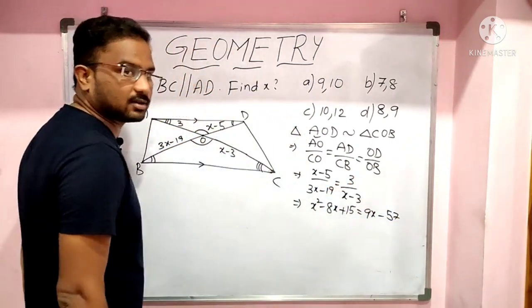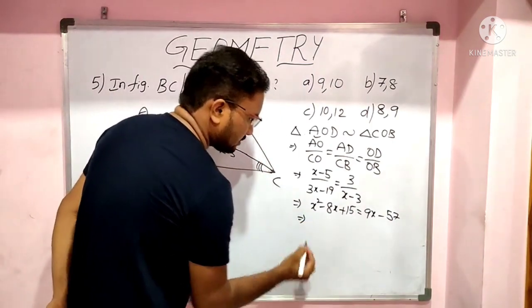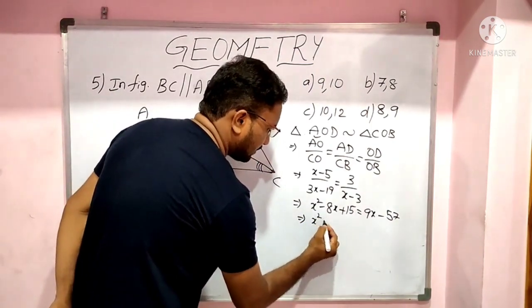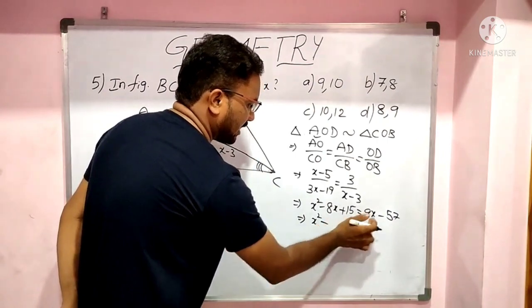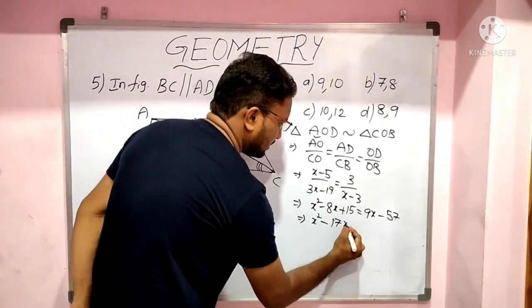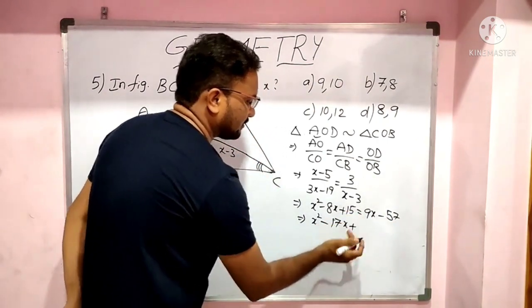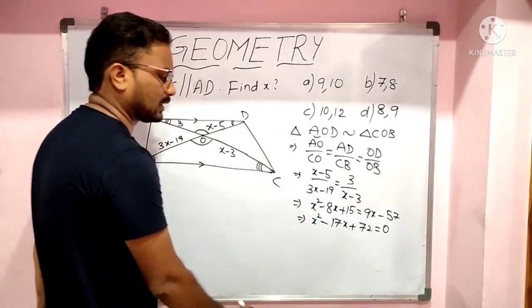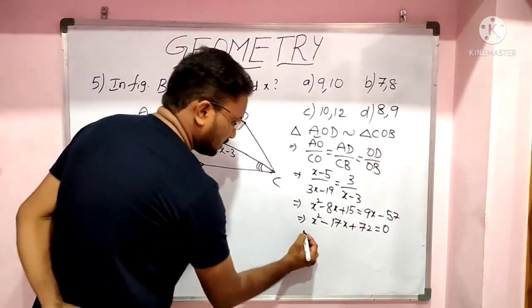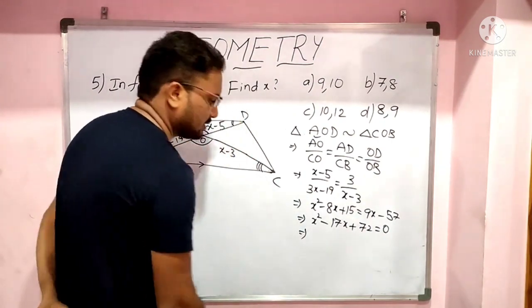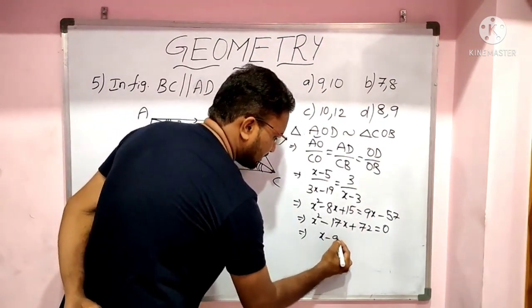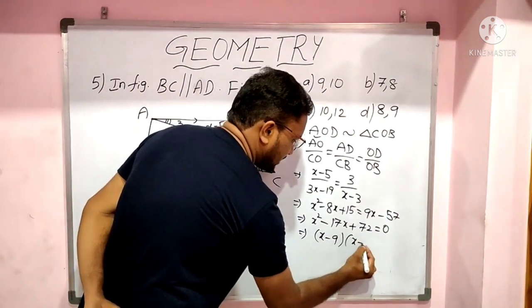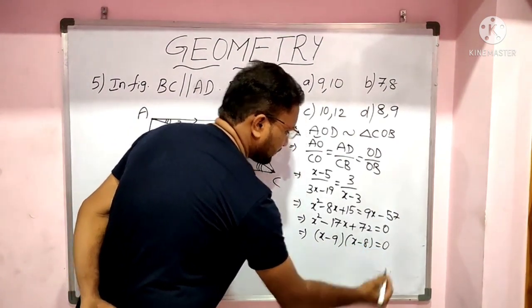So here x square minus 8x minus 9x, minus 17x, plus 57 plus 15, 72, equal to 0. Okay, so if you find the factors, we have x minus 9 into x minus 8 equal to 0.